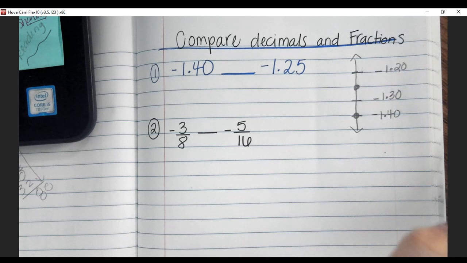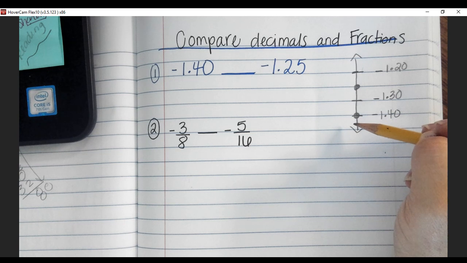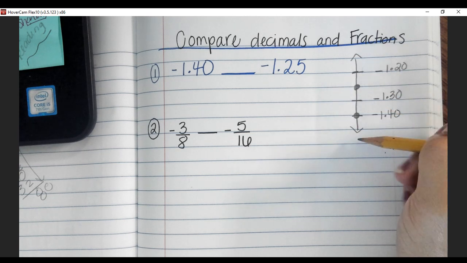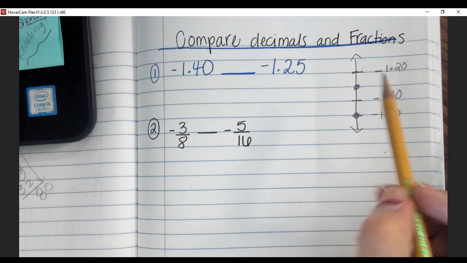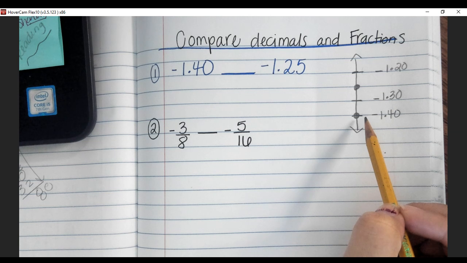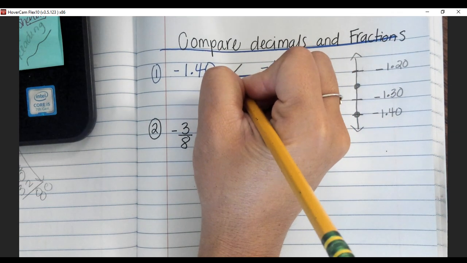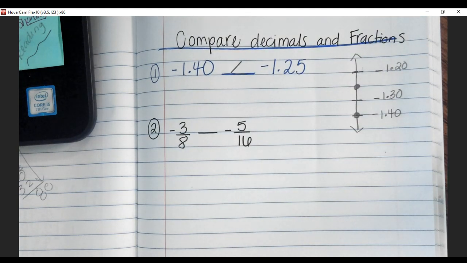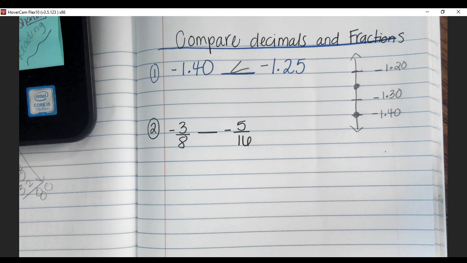So if I look at this, which number is smaller, and which number is the greatest? In this scenario, negative 1 and 40 hundredths is less than negative 1 and 25 hundredths. Since I'm using a pencil, okay, that's how you can use a number line to solve that one.